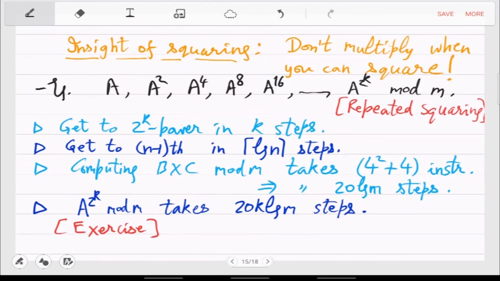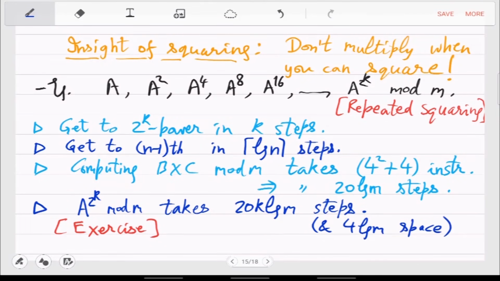How much space is needed? Each time you only have to store 4 numbers, and that too modulo m. So the space is just 4 times log m. So the space here is trivial.